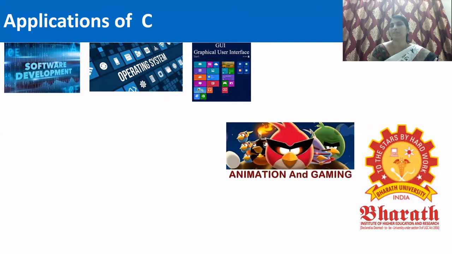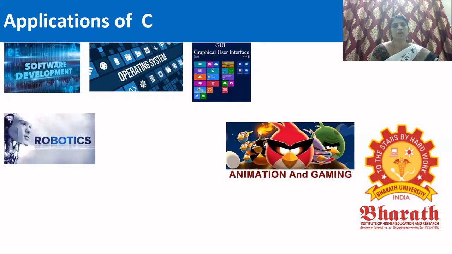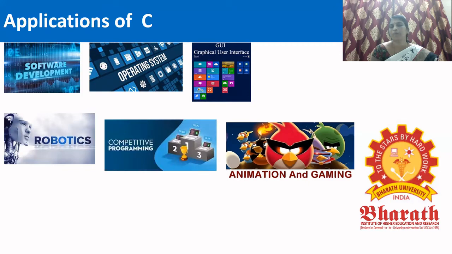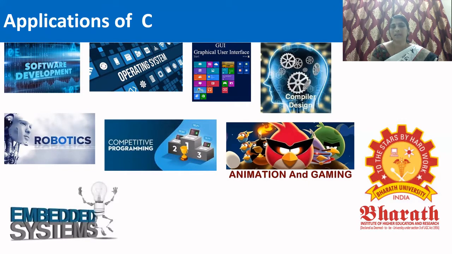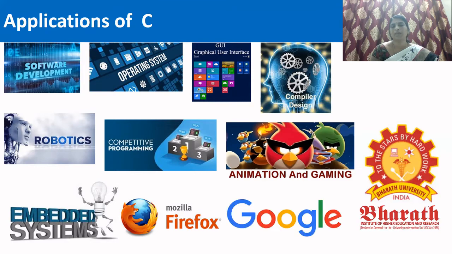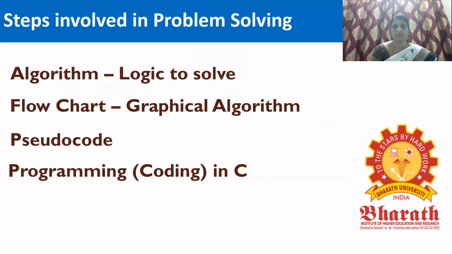And we have animation and gaming, robotics, competitive programming, compiler design, and embedded systems. Mozilla Firefox is built entirely using C, and Google uses C in most of its applications.